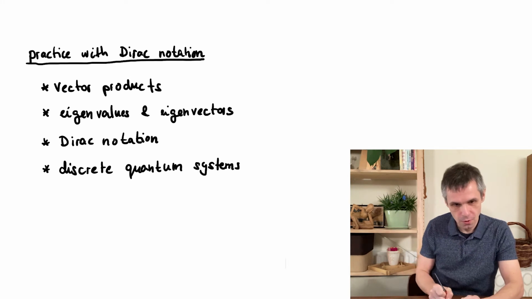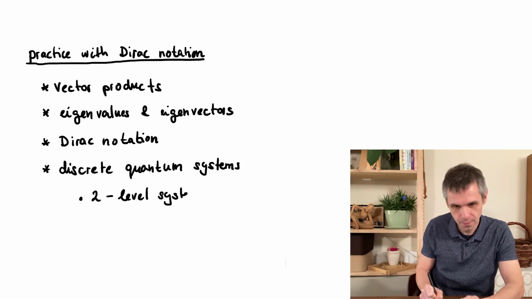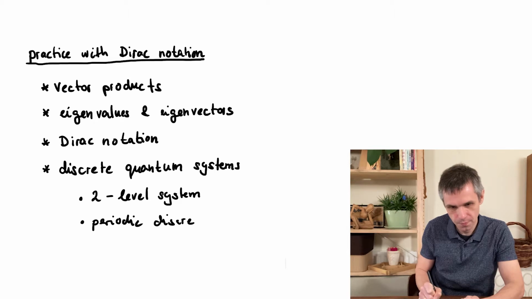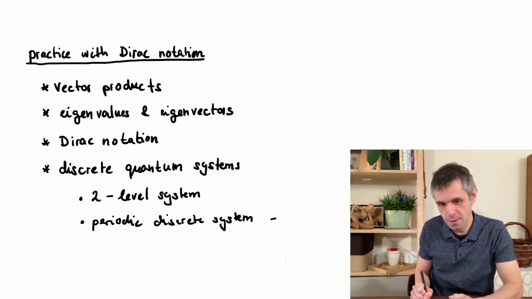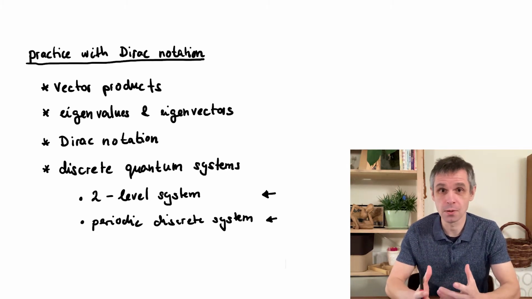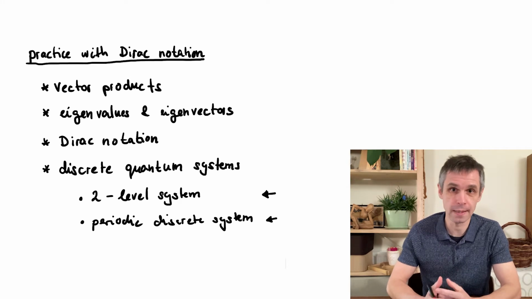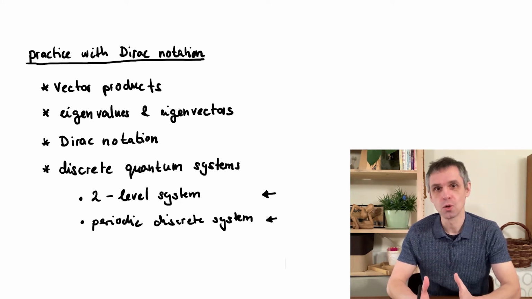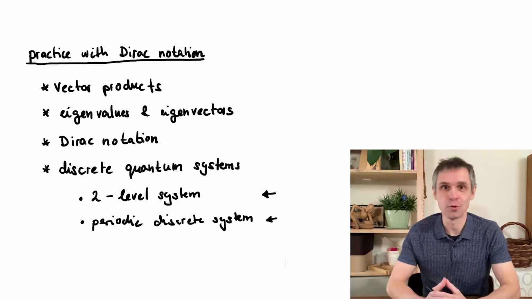And I will focus on two examples, the so-called two-level system and a periodic discrete system. And both of these terms I'm going to explain when we come to them. And I selected these examples because they are also serving as a nice preparation for material that we will see later in this course. So even though this is optional, this is not even very stretching.